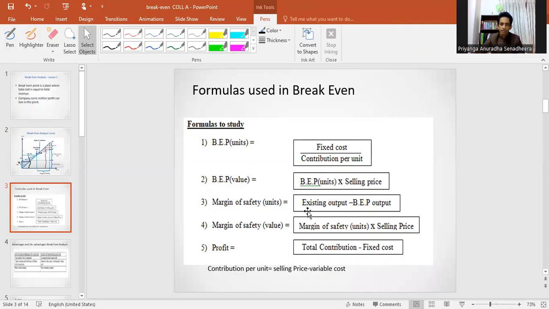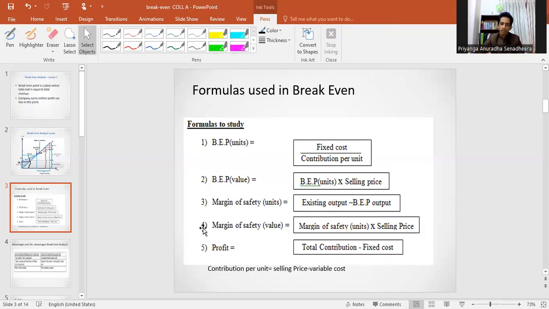As I mentioned before, the existing output, the current production, minus the break-even output is known as the margin of safety in units. So that's the formula for margin of safety in units.